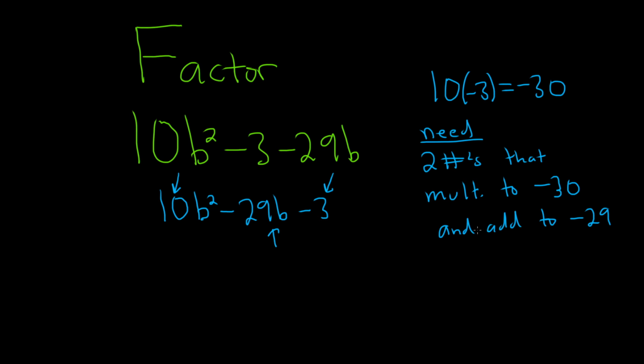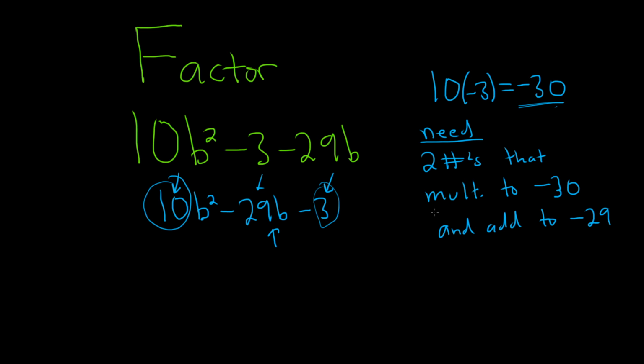So we need two numbers that multiply to negative 30 and add to negative 29. So recap, step one, you take the 10, take the negative 3, and you multiply them. You get negative 30. That means you need two numbers that multiply to negative 30 and then add to the middle piece. So what multiplies to 30? Well, and adds to negative 29.